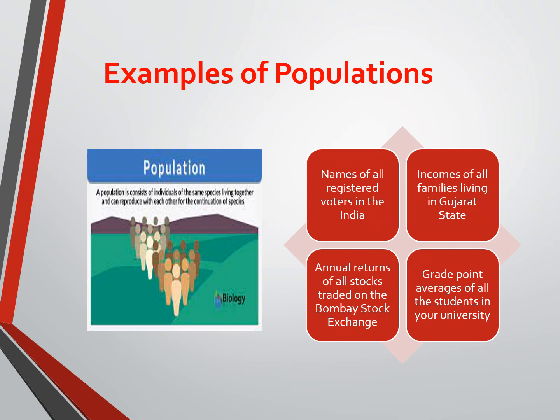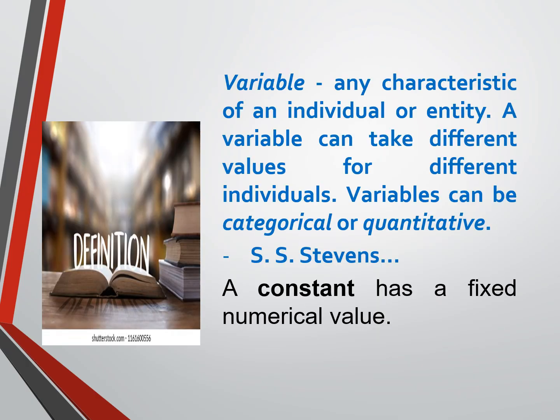Now, when we study the income of a person, name, annual return received from the Bombay stock market, or the average grade points of all students in our university, it is known as the variable. So defining the variable is a very important thing.